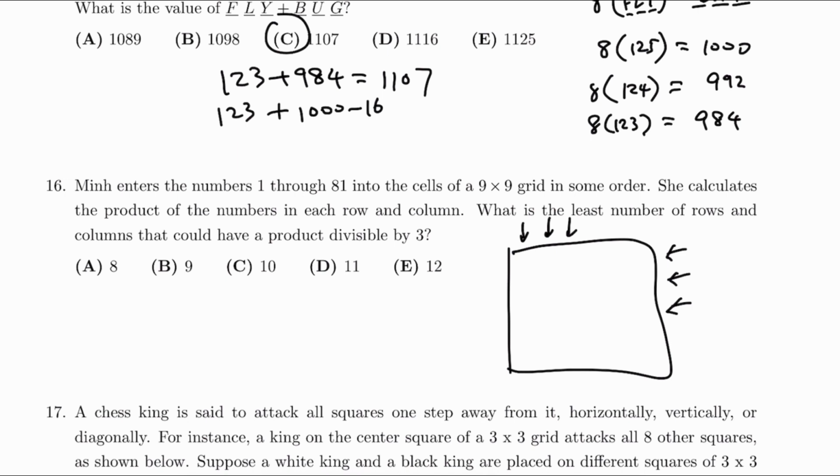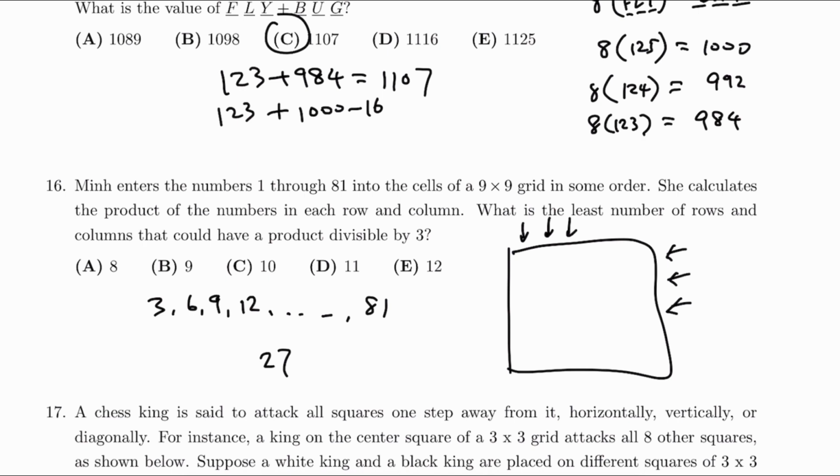All the numbers that are divisible by 3 are 3, 6, 9, 12, all the way to 81. So there are 27 such numbers. And in those 27 such numbers, we need to think about how many.